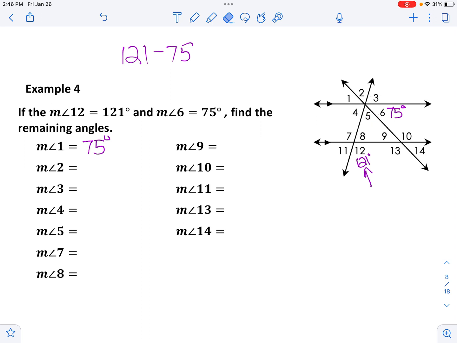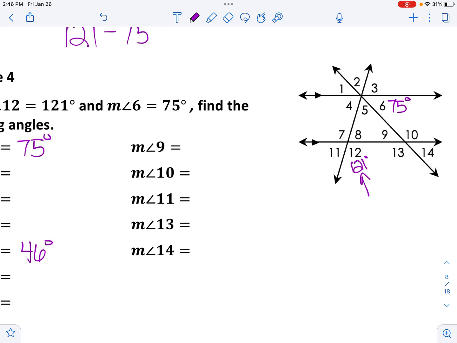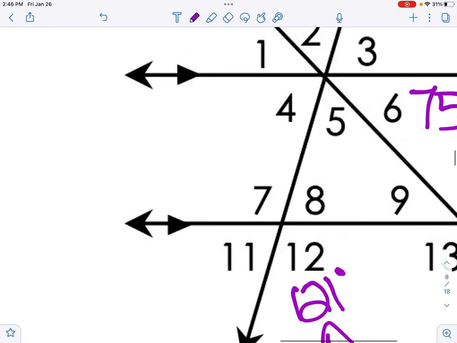So I just say, all right, 121 minus 75, I get 46. So I know that angle 5 is 46 degrees. So let's see if we can squeeze this in here, 46 degrees.